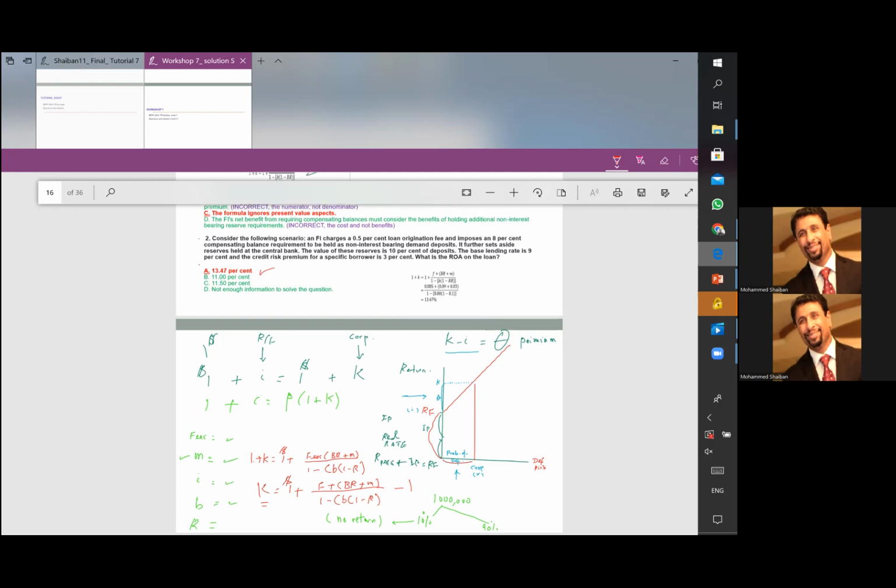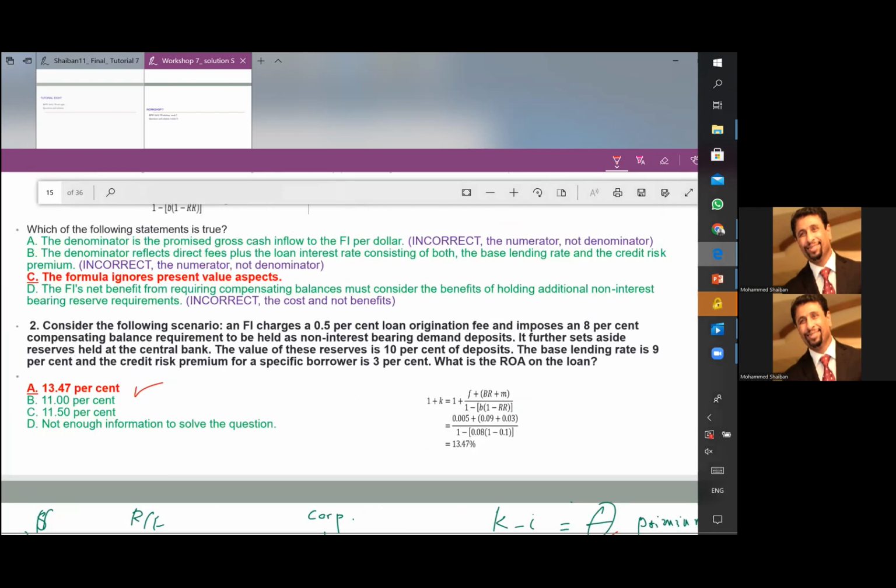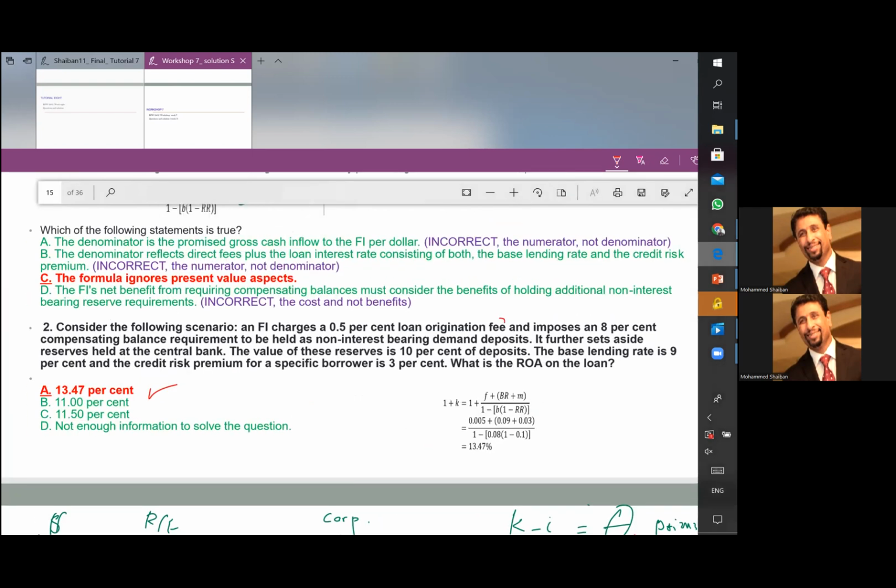So when I give you a problem, I will tell you, we are charging a 0.5% fee, so it's 50 basis points. And this is the compensation balance, which is 8%. Besides that, there is the reserve.